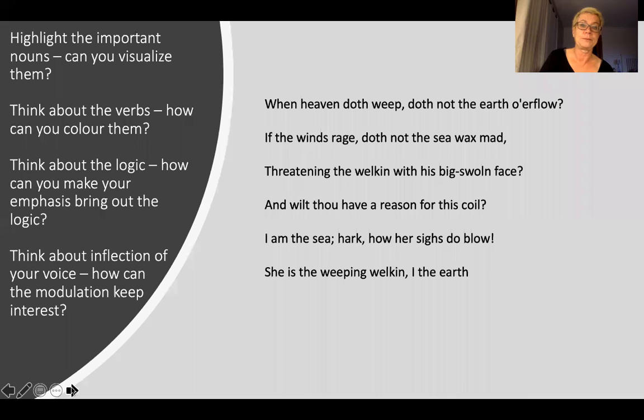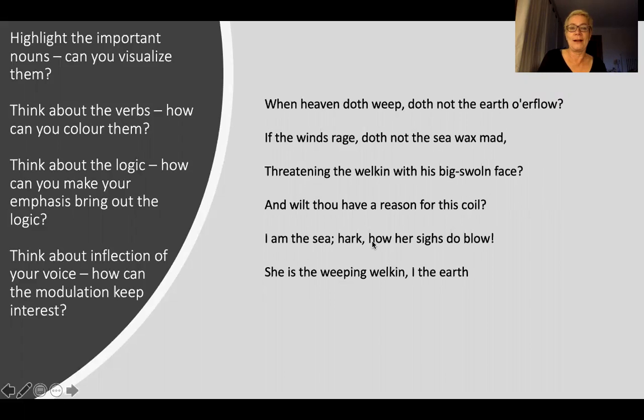Now here then is a way that we can think about pinging this. So you highlight the important words, the nouns: heaven, earth, winds, sea. The important adjectives: mad. Big, swollen is more of a participle, so we won't worry about that.